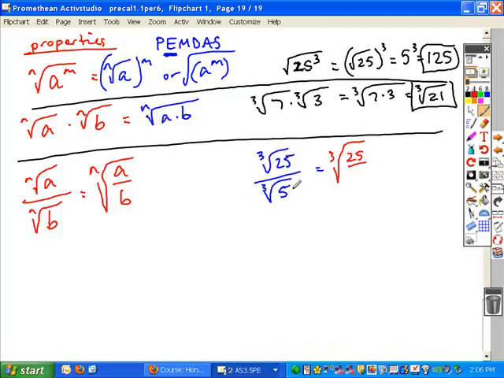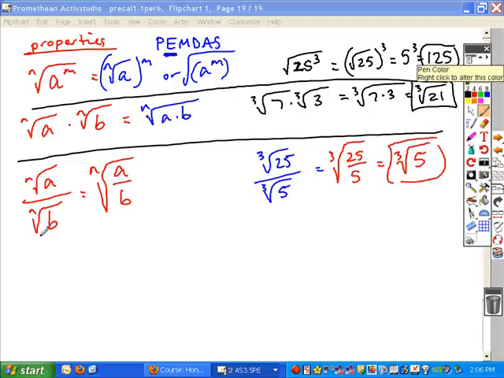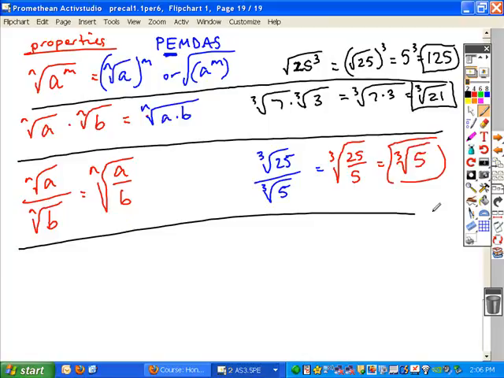Combine your fraction 25 over 5 inside that radical, and then simplify. 5 goes into 25, leaving 5.